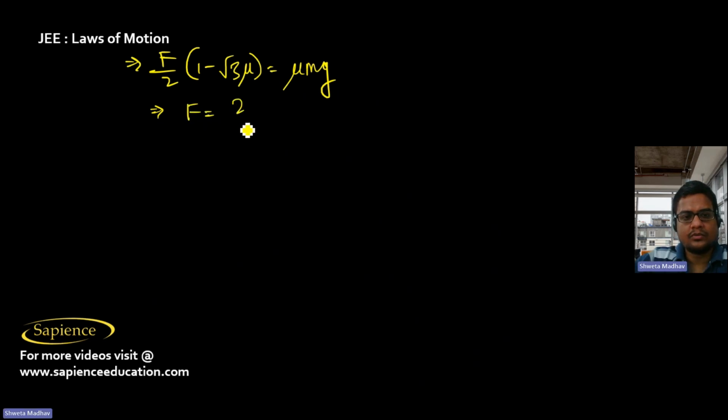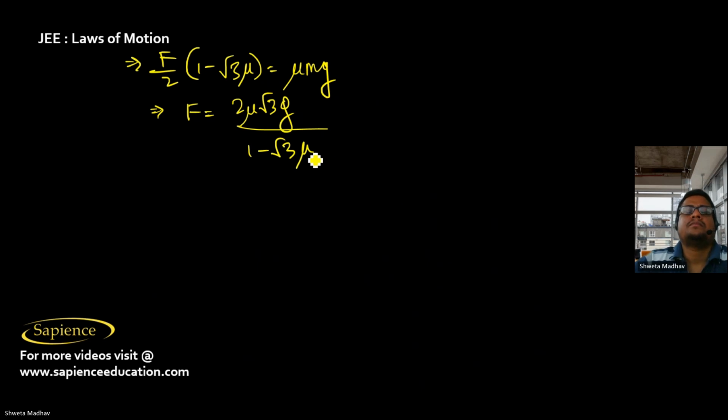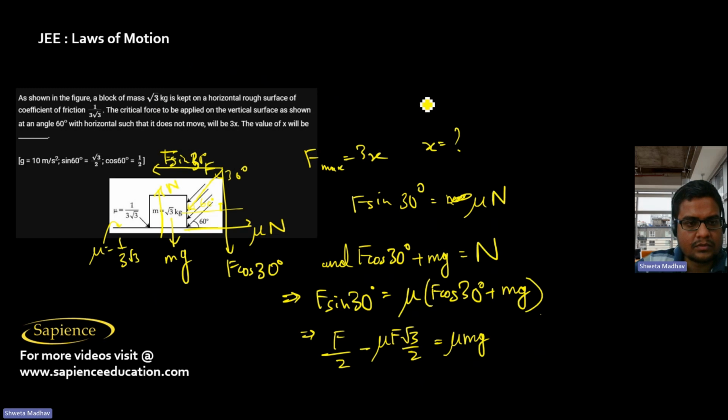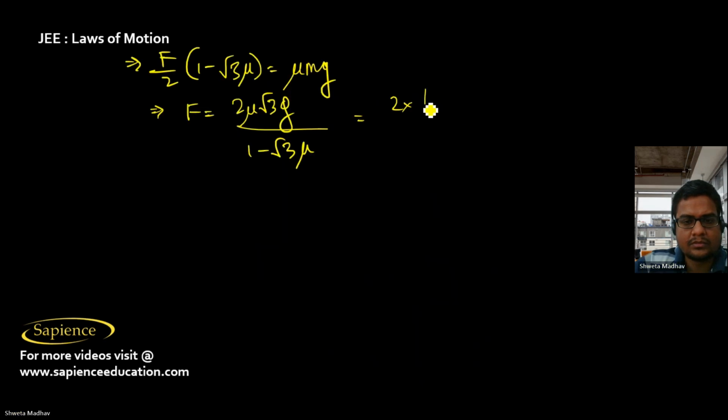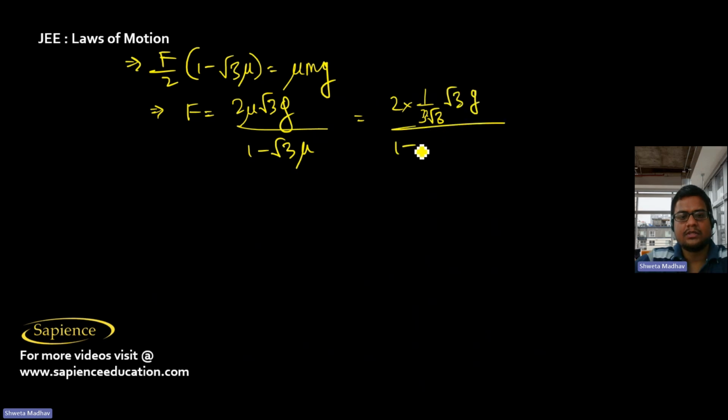Therefore F will be equal to 2 mu into root 3 m g. M is root 3, it has been told. So 2 mu root 3 g divided by 1 minus root 3 mu. So this will be 2 into mu, which is 1 by 3 root 3, into root 3 g, divided by 1 minus root 3 into mu, that is 1 by 3 root 3.